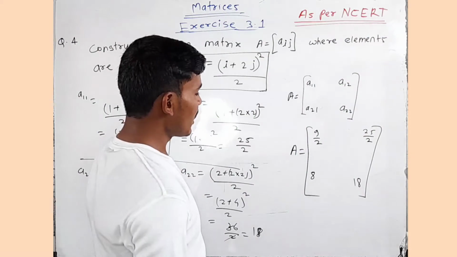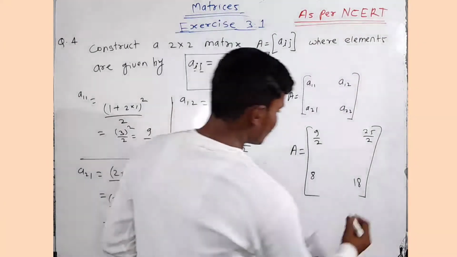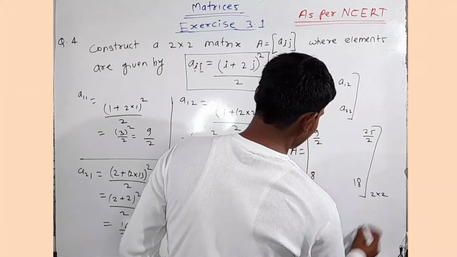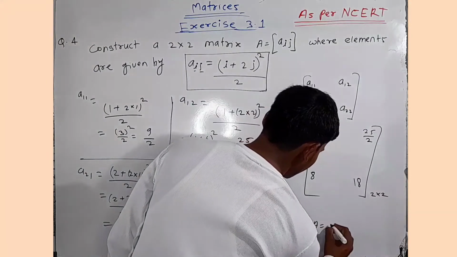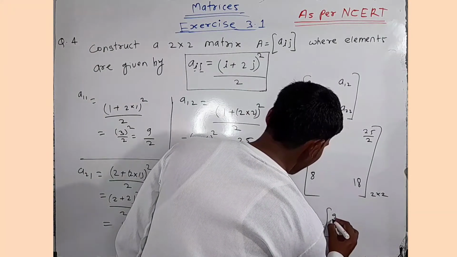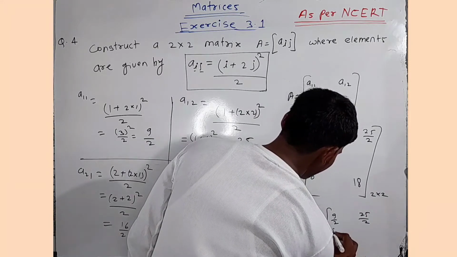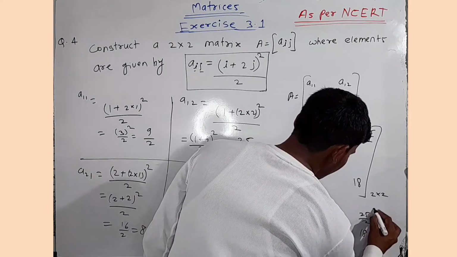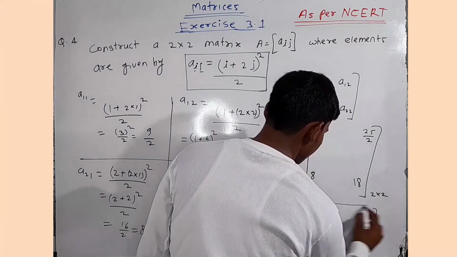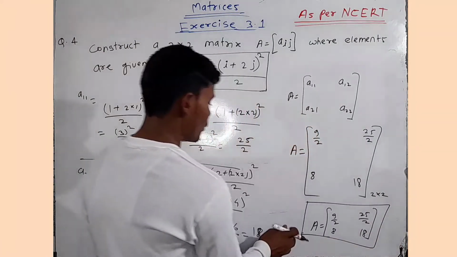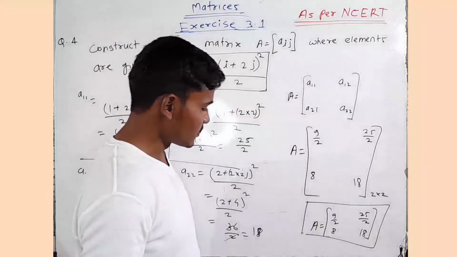So we have a 2 by 2 matrix A: 9/2, 25/2, 8 and 18. We have got this solution.